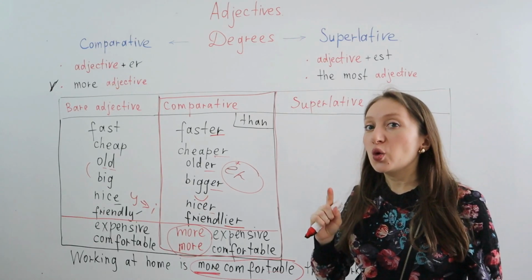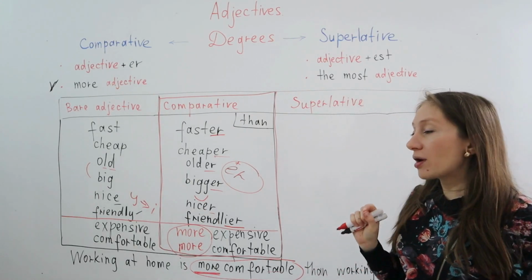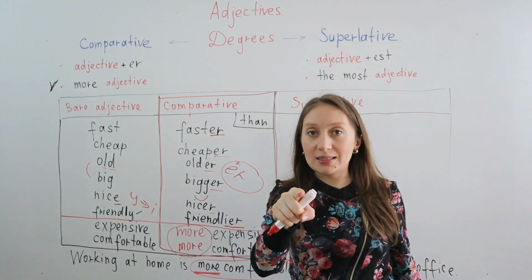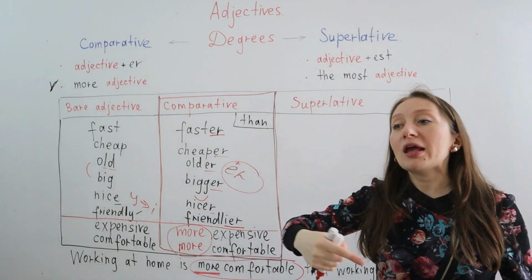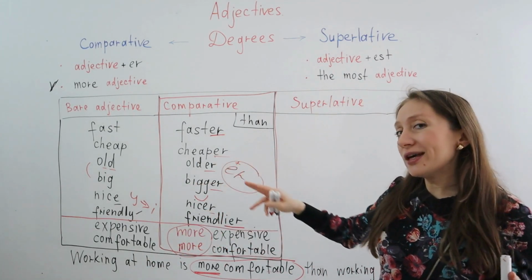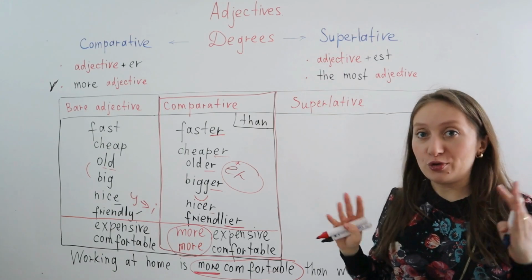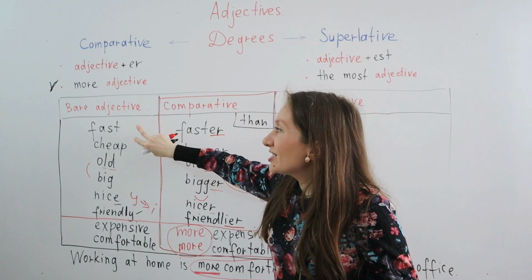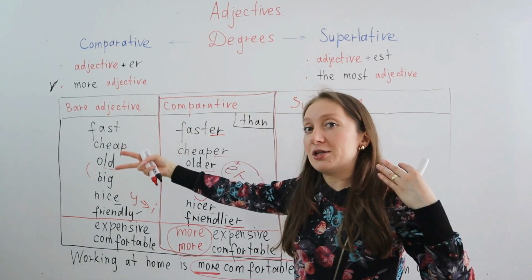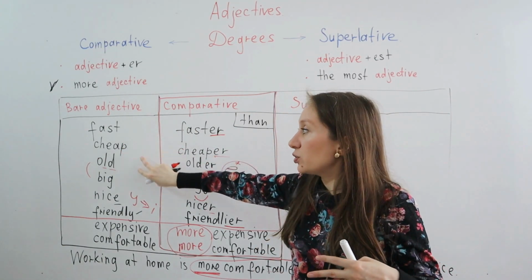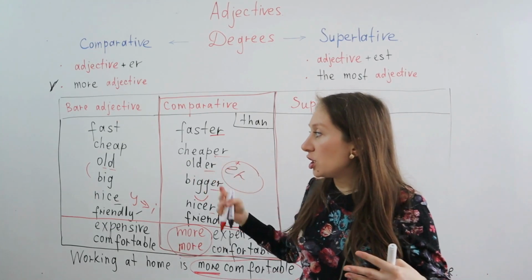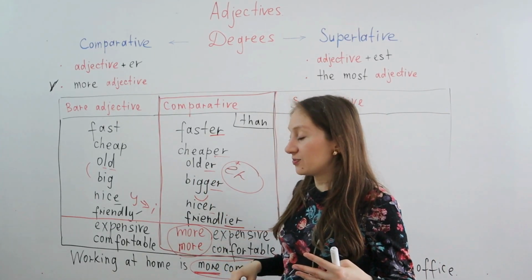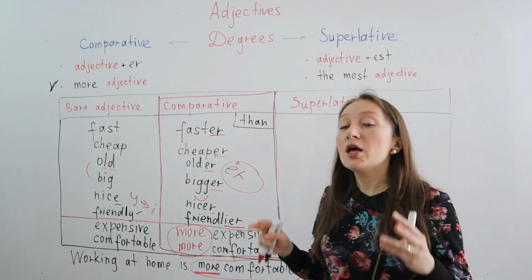Your task will be the following. Try to write your sentences comparing to something. You can use different adjectives also, no problem. But for this time, you can use these adjectives that we talked about today, like fast, cheap, old, big, nice, friendly, expensive, comfortable, or you can change them.